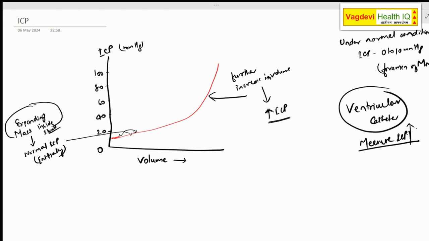Initially it may not show more pressure, but eventually more pressure, and then a fall in cerebral perfusion pressure. When it reaches any critical level, a reduction in flow may also occur. Don't worry, I'll make you understand the interrelationships.